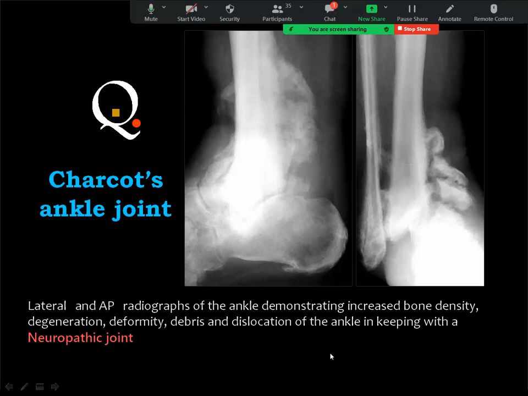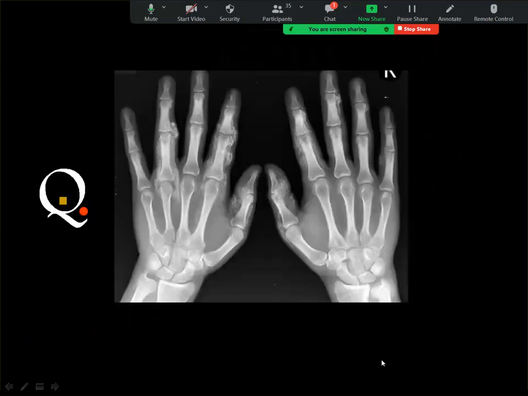All these are known as neuropathic joint, or the Charcot joint, which is the sequela of decreased blood supply, decreased sensation, and superadded infection, which are commonly seen in diabetic persons.